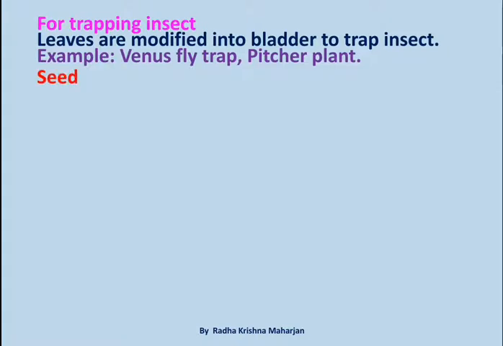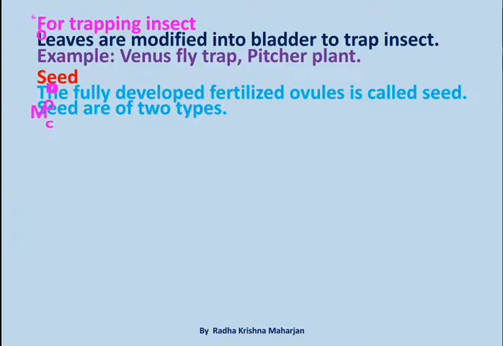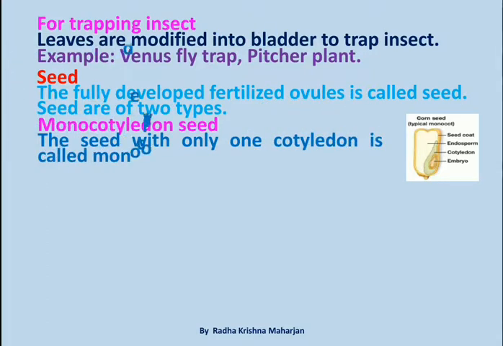Seed. The fully developed fertilized ovule is called seed. Seeds are of two types: monocotyledon seed, the seed with only one cotyledon.